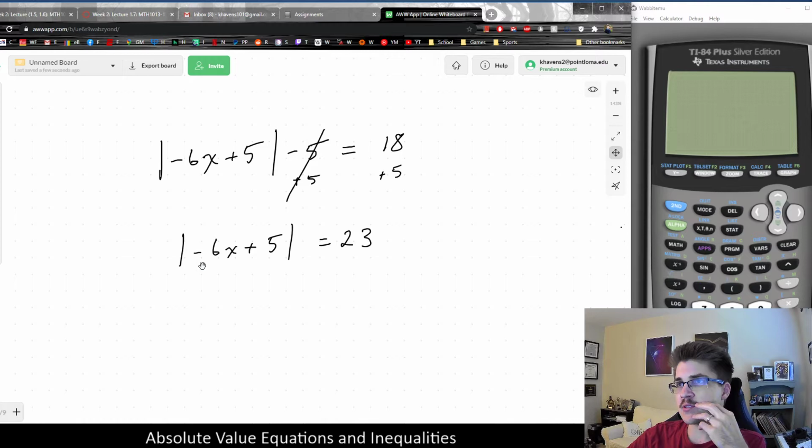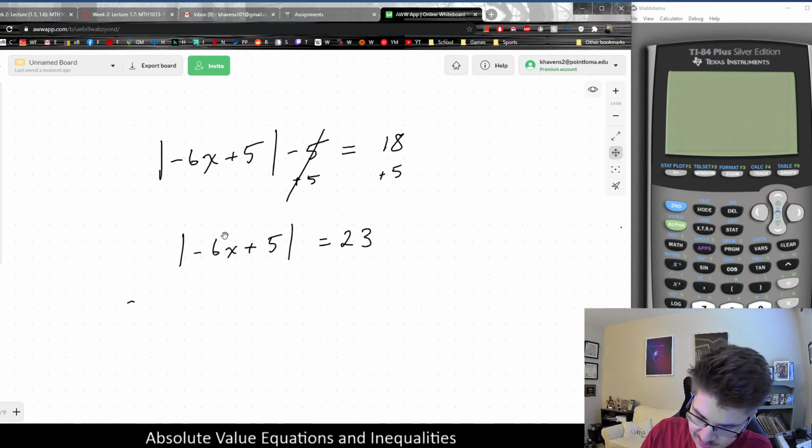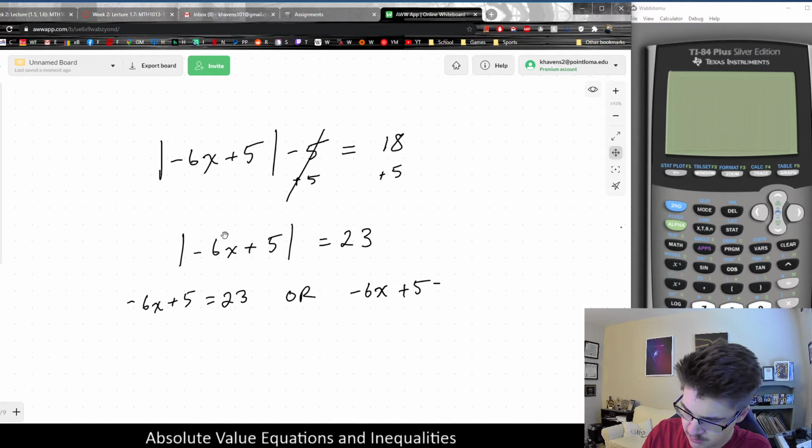What we can do is make sure that this entire expression is equal to 23 or negative 23, right? Because if the inside adds up to negative 23, then the whole absolute value will make 23, whether it's positive or negative. So we could split it into a two-part equation: negative 6x plus 5 is equal to 23, or negative 6x plus 5 is equal to negative 23.